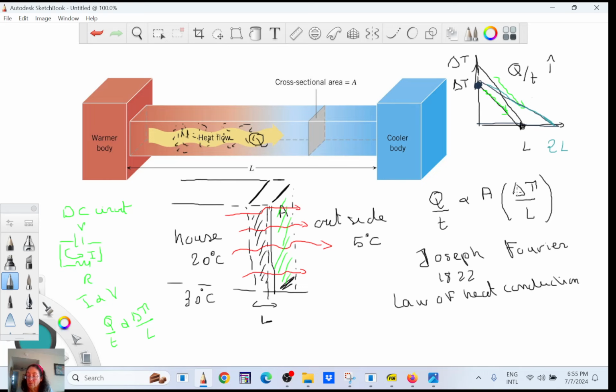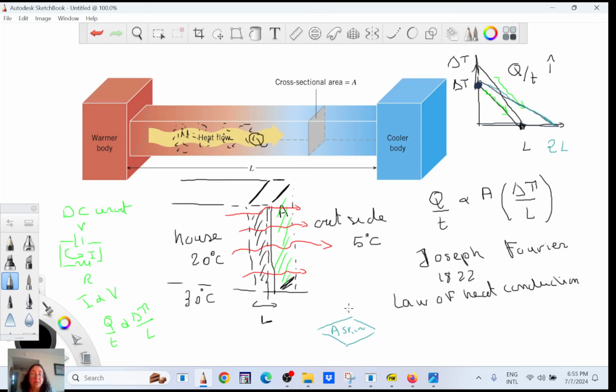So before going into more details, here is another example: our skin. If we have skin here, and you have an area A, one way we have to evacuate the heat so we don't overheat, though it's not the most important, is through conduction.